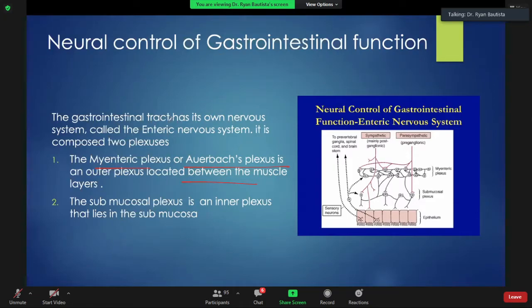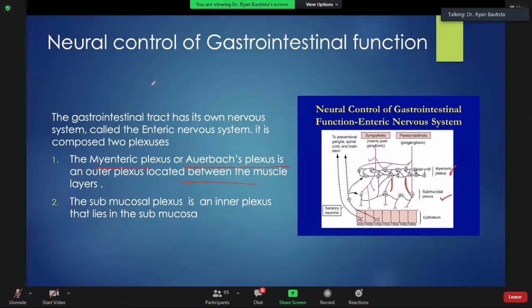Also, in the submucosal plexus, you have your Meissner's plexus. As you can see from this diagram on the right, both of them, the myenteric or Auerbach's and your submucosal or Meissner's plexus, communicate with each other, also based on sympathetic and parasympathetic and hormonal gastrointestinal secretions.